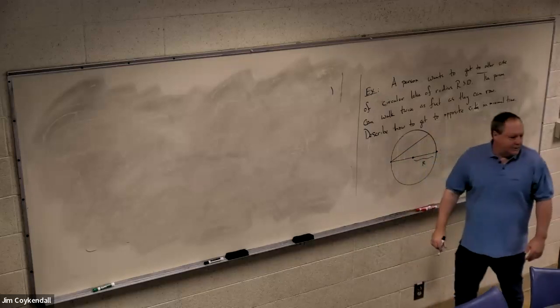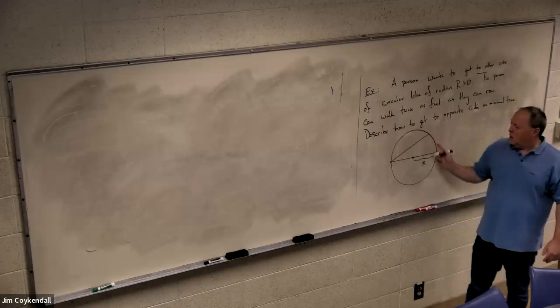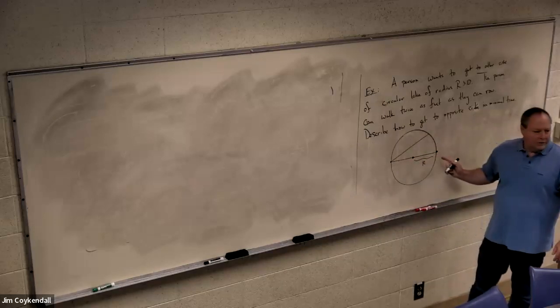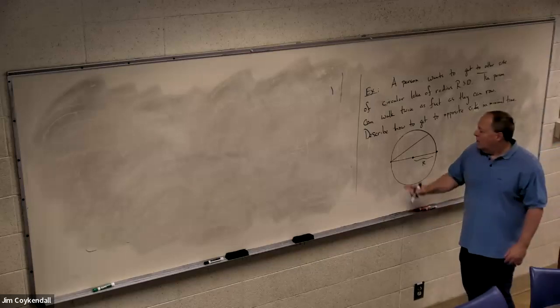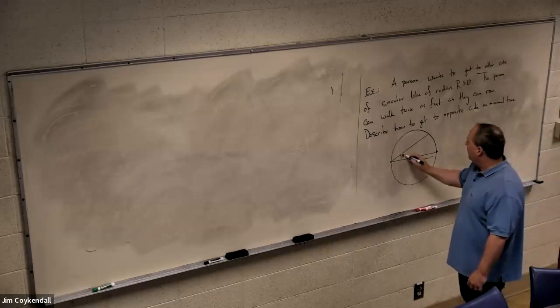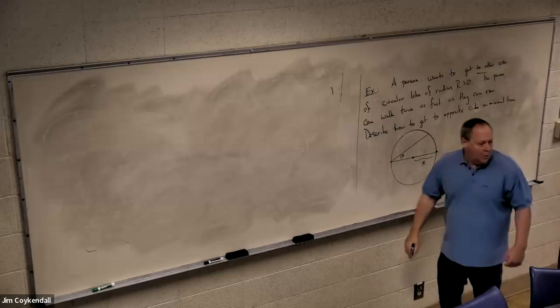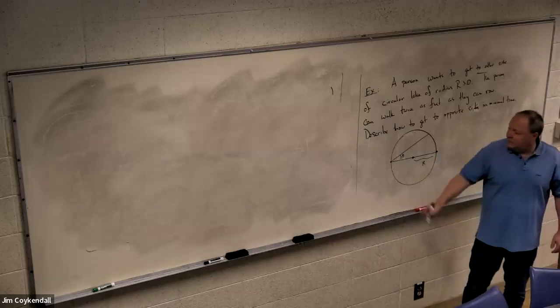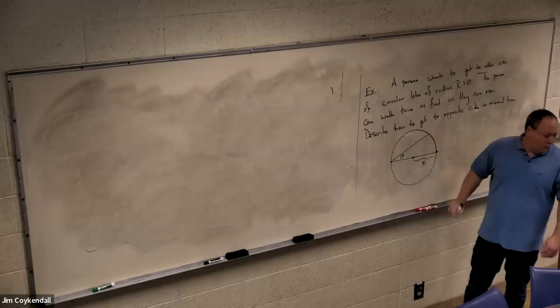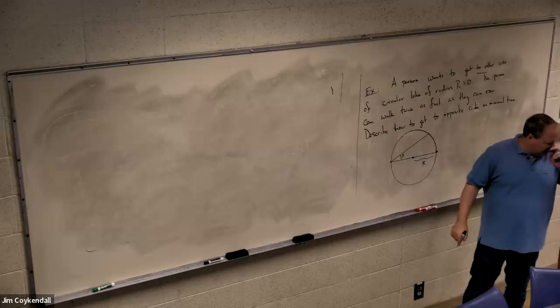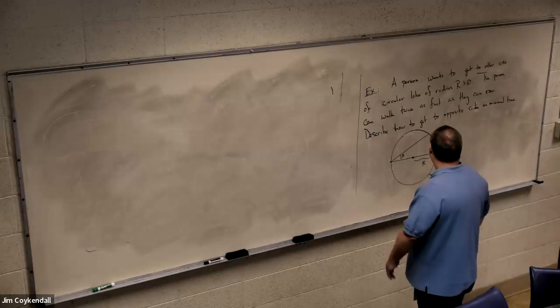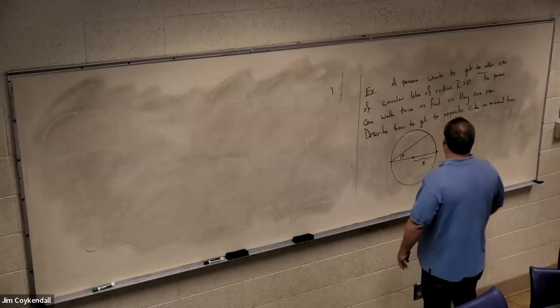So they've got lots of options, right? They can row straight across. And of course, rowing straight across is the minimum distance, right? Or they could boat for a while and then get out and walk for a while, right? So maybe I'll go over here, get out and walk the rest of the way. We want to minimize the time it takes.